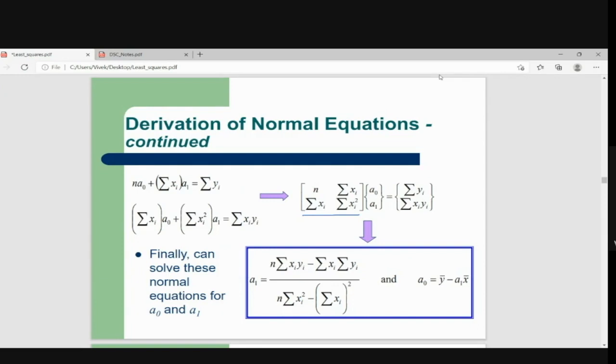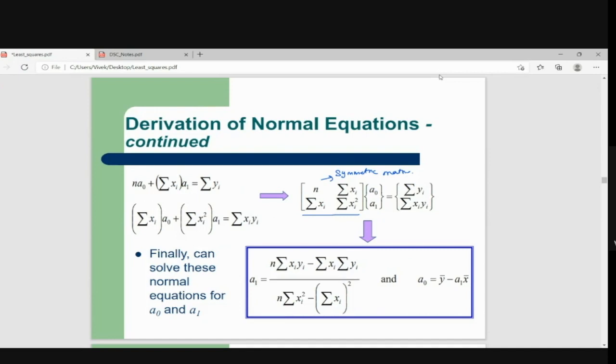So if I put this in matrix form, first is n, summation xi, and summation xi square is equal to this value. Now the thing is that if you see, this matrix is a symmetric matrix. You will see that this matrix is a symmetric matrix.